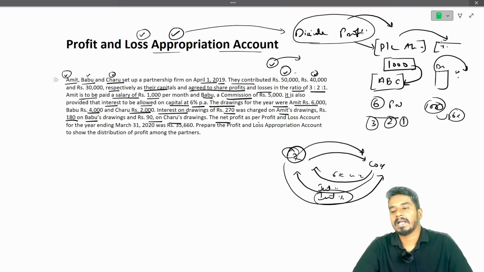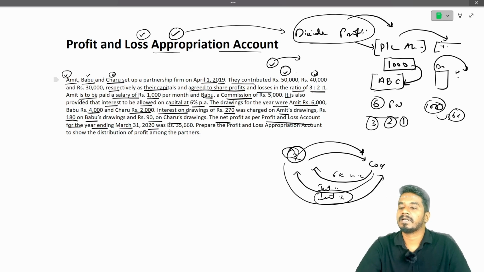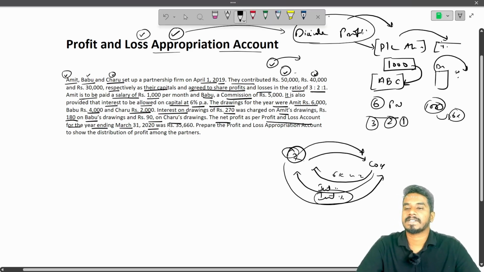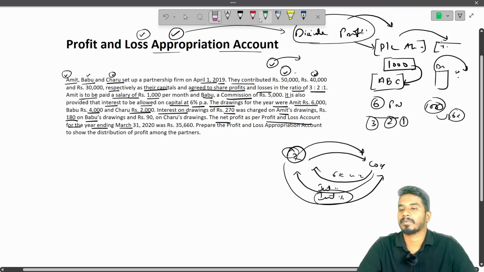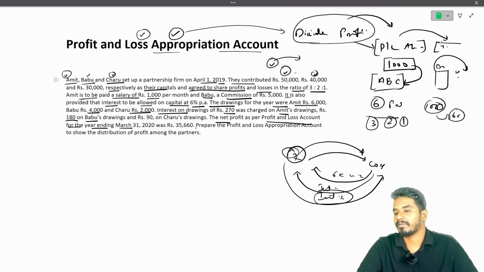Fine. The net profit as per profit and loss account for the year ending 31st March 2020 was 35,660 rupees. Right. So this is the profit earned by the company. So prepare P&L account and P&L appropriation account to show distribution of profit among the partners.